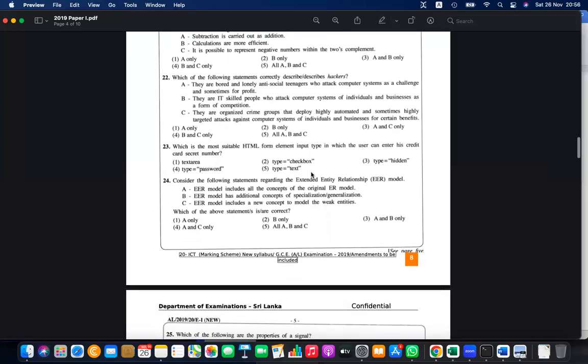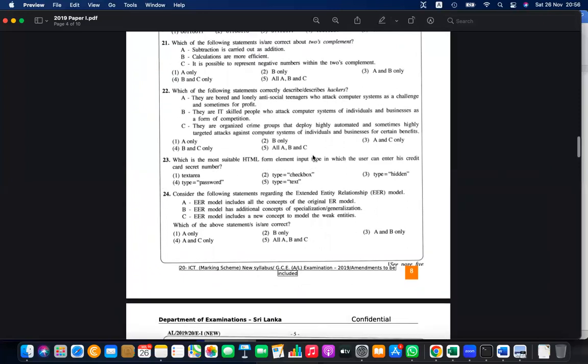Which is the most suitable HTML form element, the input type in which the user can enter his credit card secret number? In that case, this should be masked, right?